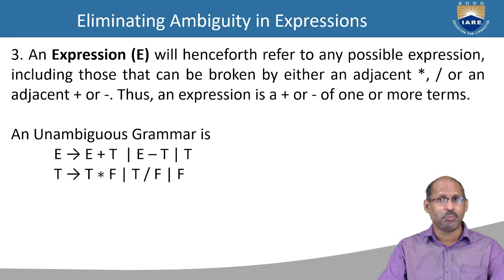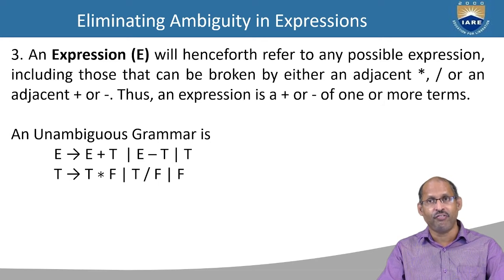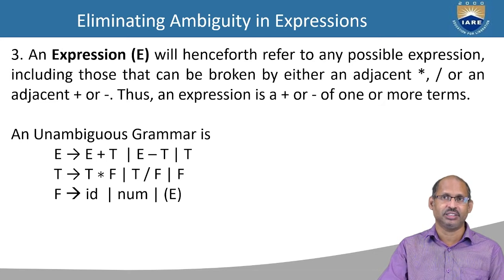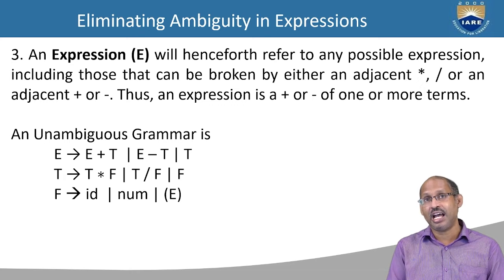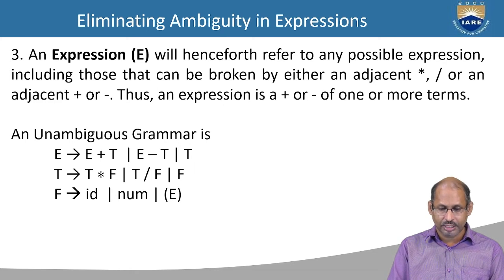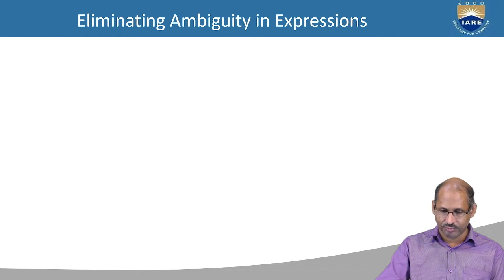It consists of multiplication and division of the factors. What are the factors? Identifiers, numbers, and parenthesized expressions. So the ambiguous grammar is rewritten by considering the new non-terminals and productions, and we are converting it to an unambiguous grammar.